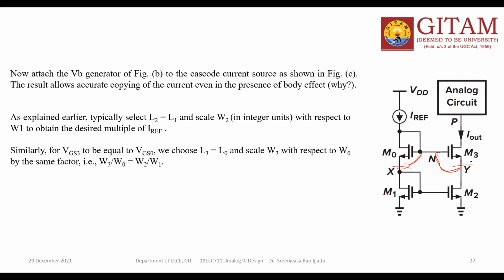And scale W3 by the same factor as here. Suppose in the bottom, if you have W2 equal to 3 times W1, then do the same thing here also. To make VGS3 and VGS0 equal, both device lengths should be equal, and W3, the width of the third transistor, should be multiplied by the same factor we considered in the bottom pair, so that finally W3 by W0 is equal to W2 by W1.